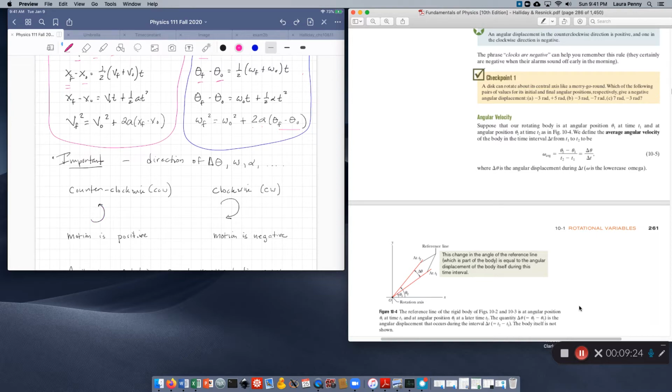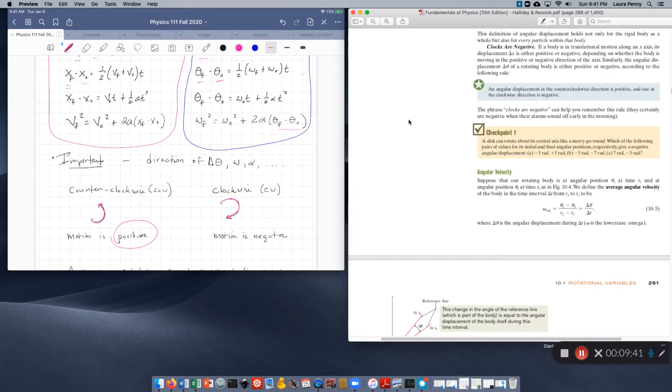But now this is angular motion, and so we're going to have counterclockwise and clockwise. And believe it or not, counterclockwise is going to be positive. We don't get to choose in this. You do not get to choose like we did with the x, where you could choose which way you wanted x to be positive. No, you don't get to choose. As the book says, clocks are negative. Angular displacement in the counterclockwise direction is positive. And that's going to be true for any motion.